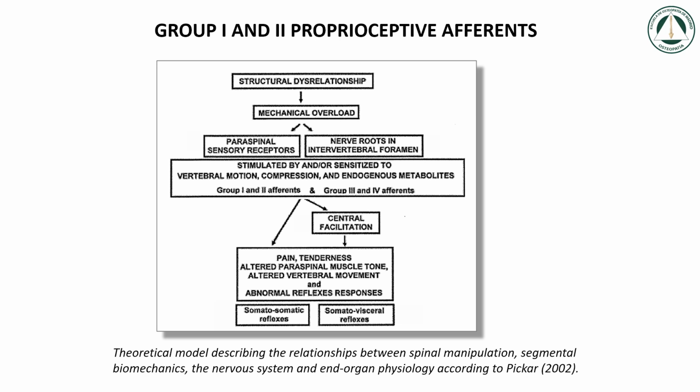The number of gamma motor neuron discharges is higher in the muscles associated with the segment of the spine that responds to the spinal manipulation. This is Pickar's theoretical model, 2002, describing the relationships between spinal manipulation, segmental biomechanics, the nervous system, and end organ physiology.